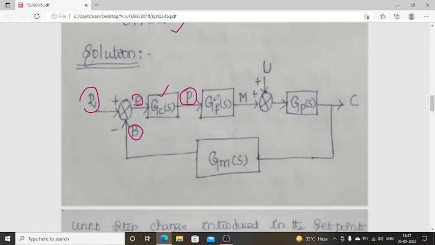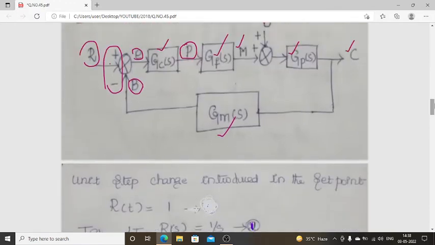GF of S is the final control element transfer function, capital M is the manipulated variable, capital U is the disturbance, GP of S is the process transfer function, C is the controlled variable or output, and GM of S is the measuring device transfer function. The plus and minus signs indicate a negative feedback control system.